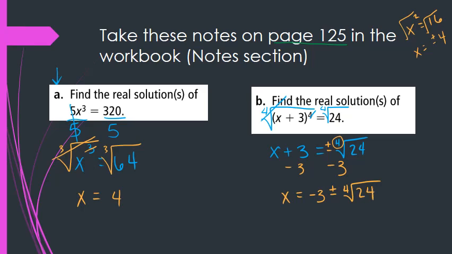Now in practice tomorrow in the book, it is going to ask you to find the decimals of that. So I'm going to type into my calculator this, and this, negative 3 minus the 4th root of 24. Notice the approximation symbol. I'm going to give the approximation of that.